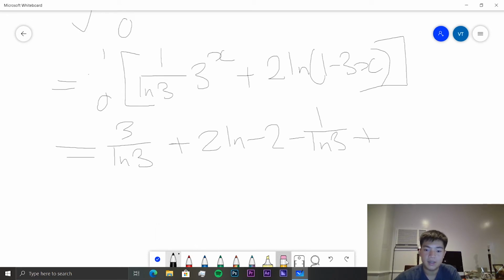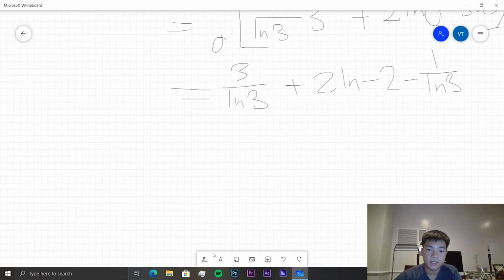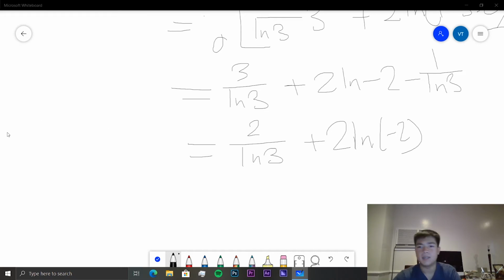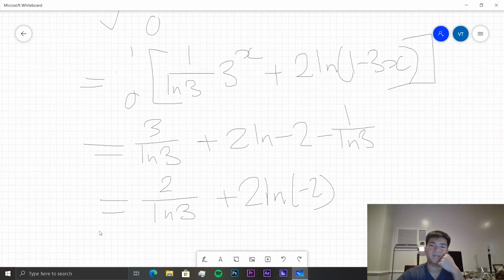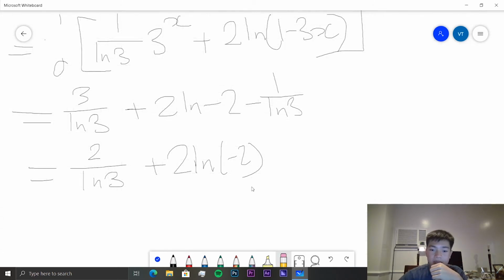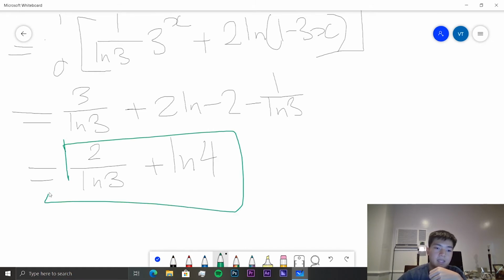So yeah, we should get something like 2 over ln 3 plus 2 ln of negative 2. Wait, negative 2? It might be positive 2. Yeah, it should be positive 2 since ln technically has the absolute value function after it. So 2 ln 2 is of course ln 4. So we have 2 over ln 3 plus ln 4.